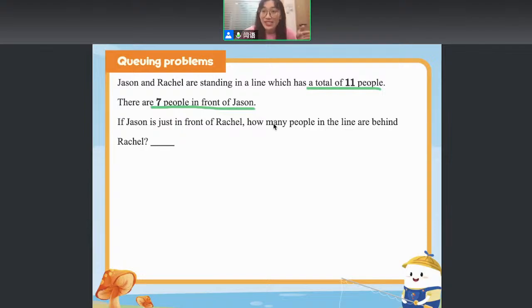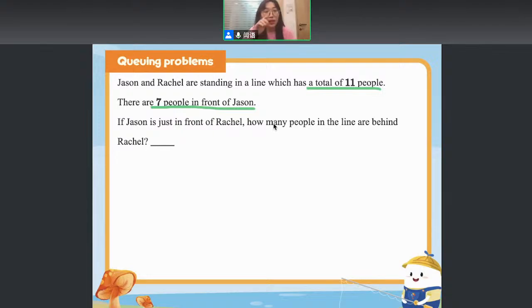7 people in front of Jason. So, does number 7 include Jason or not? No, right? Okay, correct. 7 people in front of Jason. 这7个人是不包括 Jason 的。Okay? So here you need to understand the question clearly.